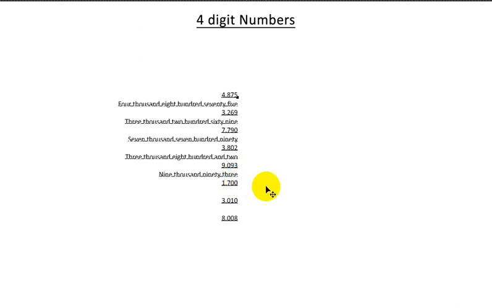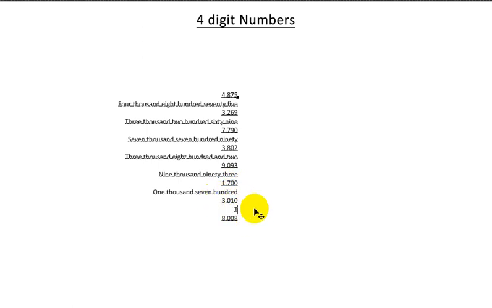Next up, 1,700. Here, I didn't say any tens or ones, because again, in the tens and ones places, there are zeros, so no tens and ones.